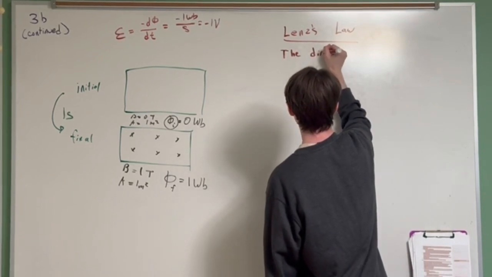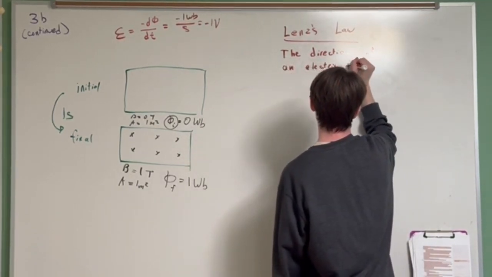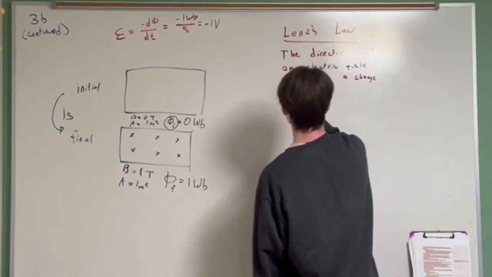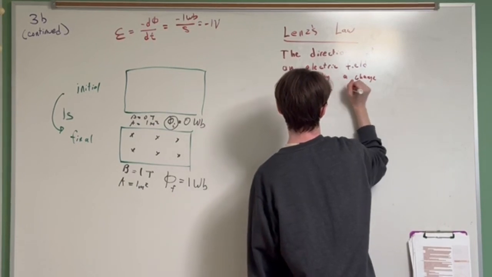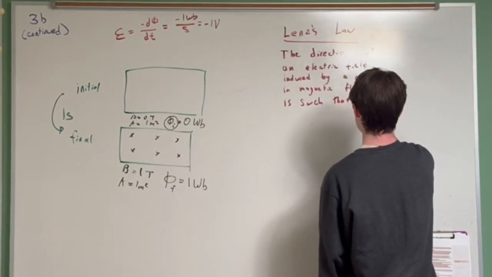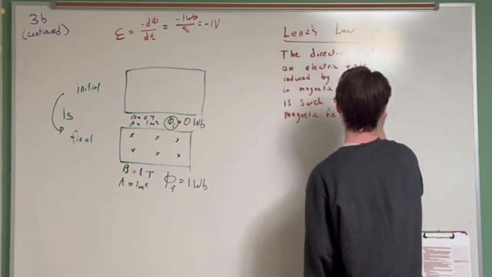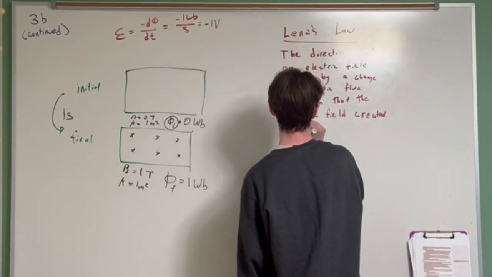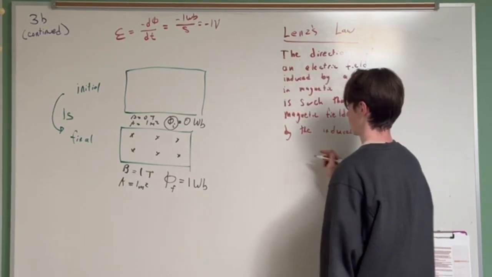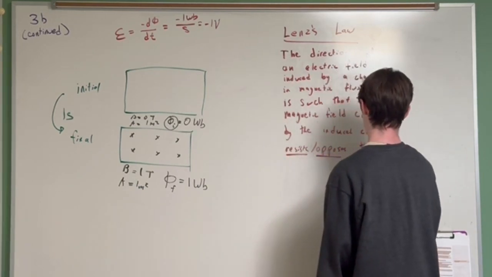The direction of an electric field induced by a change in magnetic flux is such that the magnetic field created by the induced current resists or opposes the initial change.